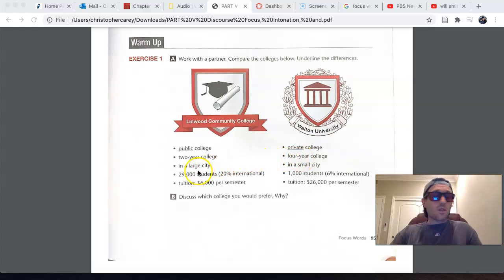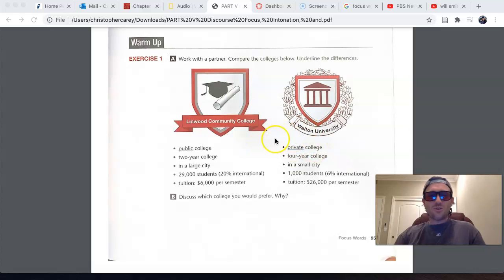Linwood Community College is in a large city, and Walton University is in a small city. 29,000 students, 20% international, whereas Walton only has 1,000 students, 6% international. And tuition is $6,000 per semester compared to $26,000 per semester at Walton University.